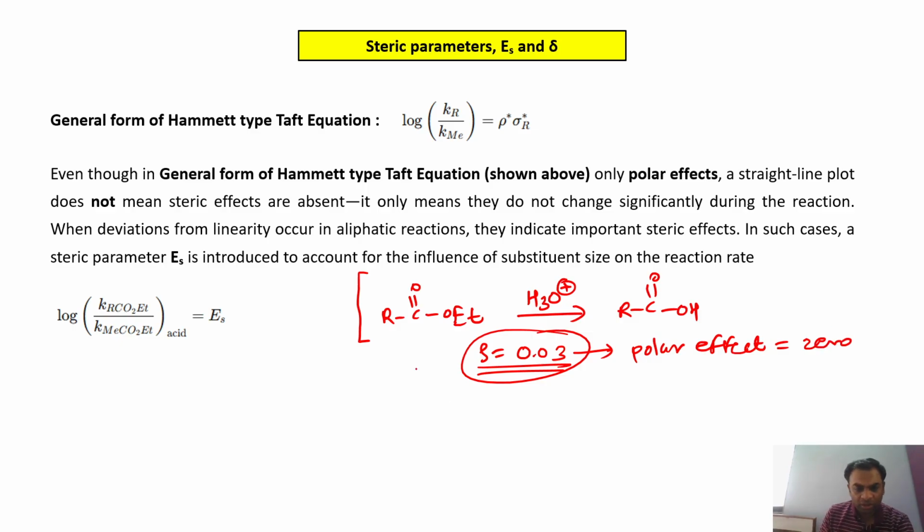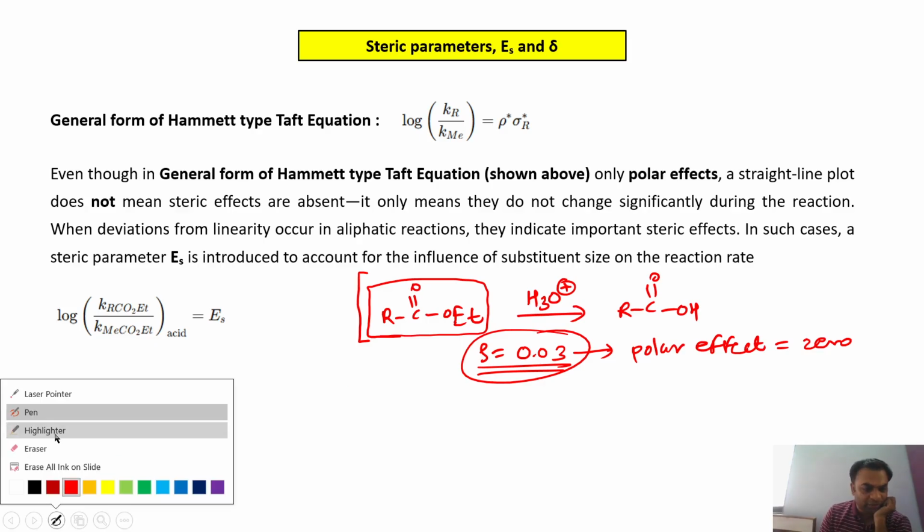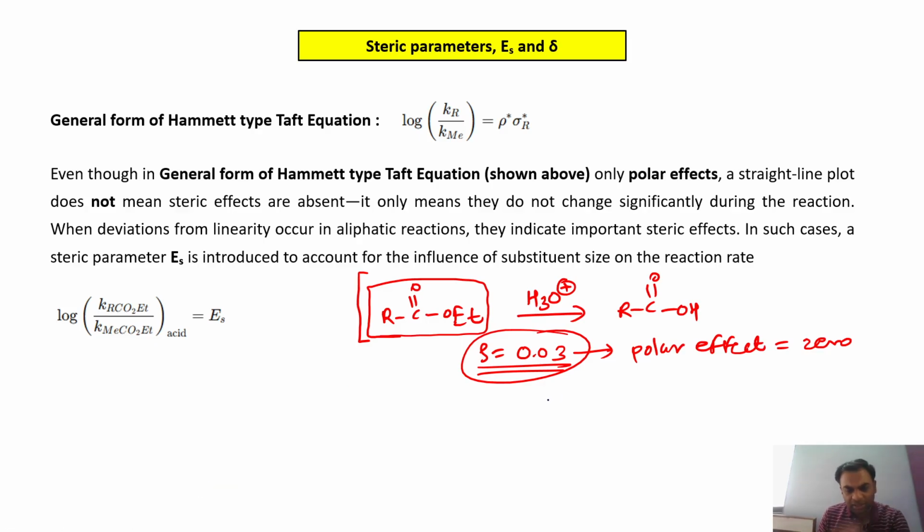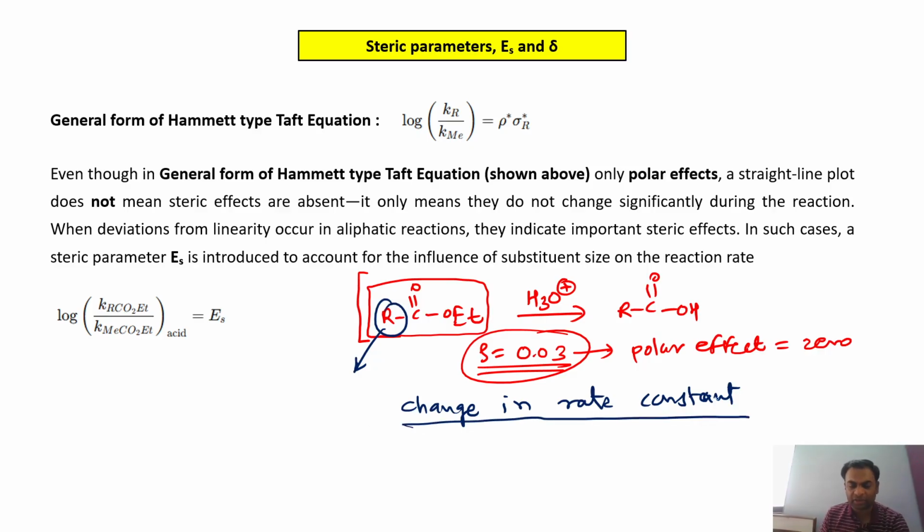Now, if we carry out a series of acid catalyzed hydrolyses of aliphatic esters, then we have a change in the rate constant. As this R changes, the rate constant of the reactions also changes. So it clearly means that the change in rate constant is due to the steric effect.